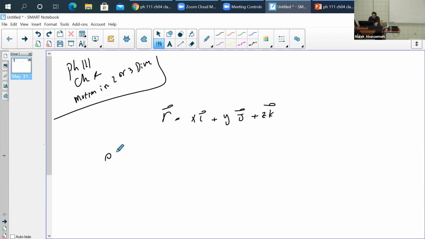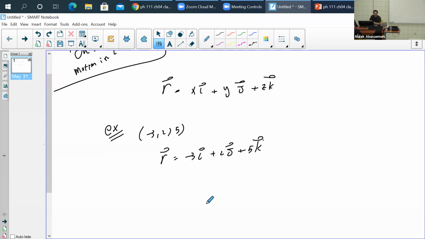So let's say, for example, we have the reference point (-3, 2, 5). That means our position vector is going to be -3 in the i direction plus 2 in the j direction plus 5 in the k direction.